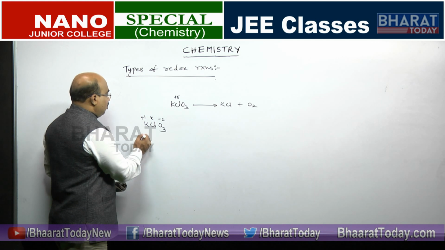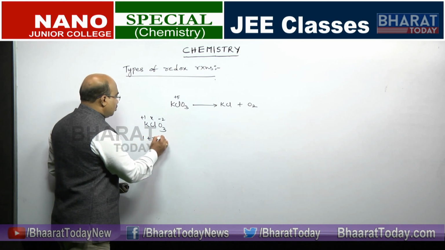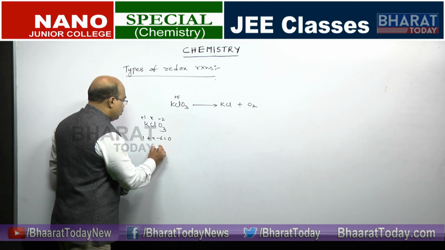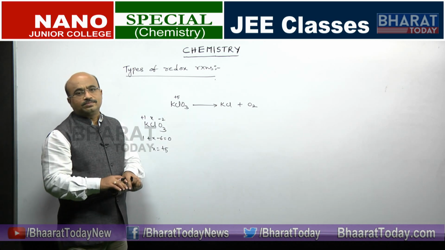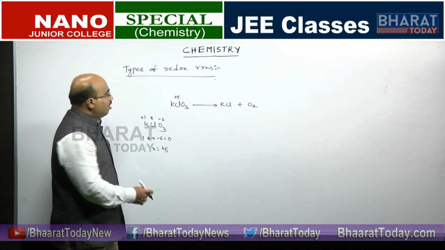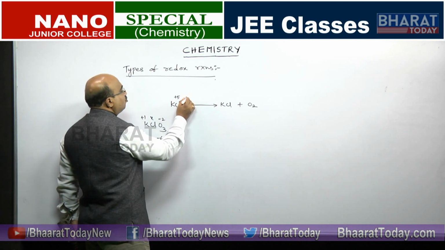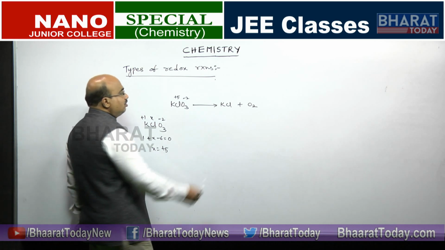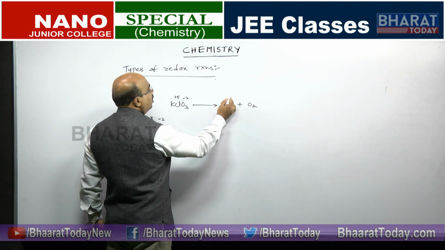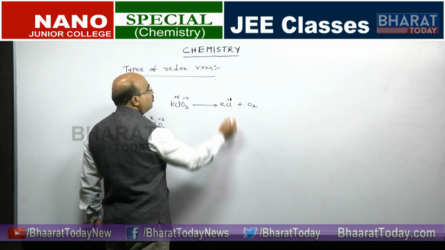If you do it now, here is 1 plus x minus 6 is equal to 0, you will get x equal to plus 5, that is what I have written. The oxidation state of oxygen here is minus 2, already there. The oxidation state of chlorine here is minus 1, because potassium is plus 1.